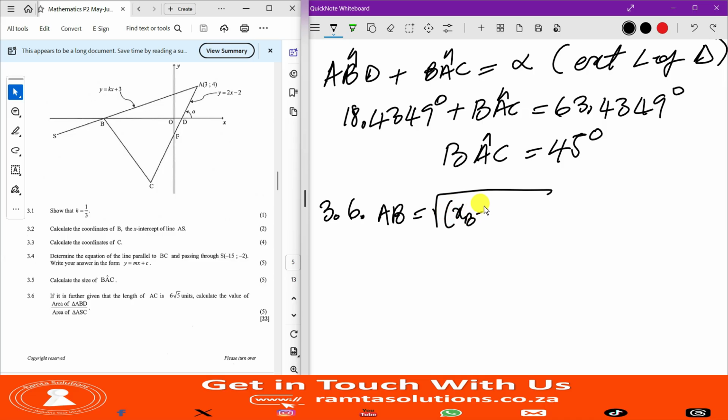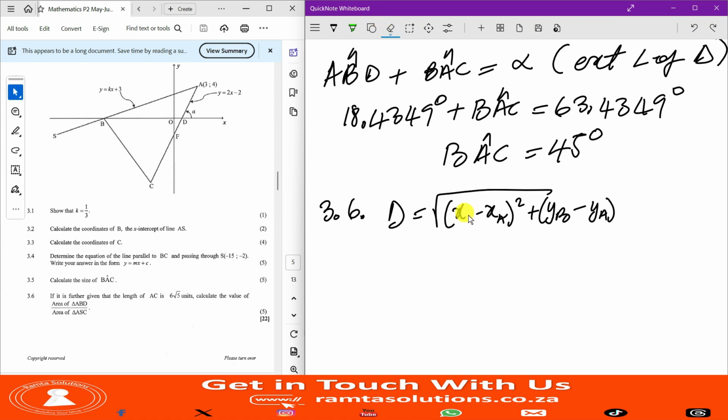It makes you guys not lose focus. Let me just say the distance is the square root of x2 minus x1 all squared plus y2 minus y1 all squared. All right, now that's better.